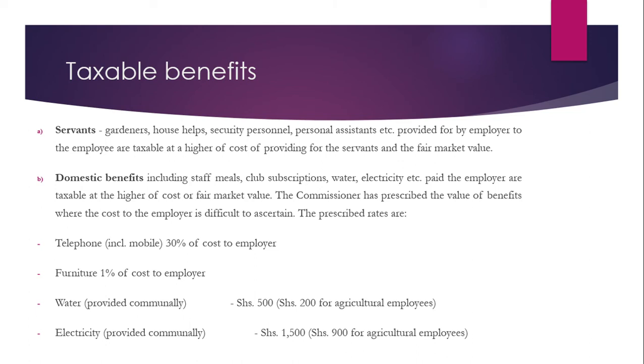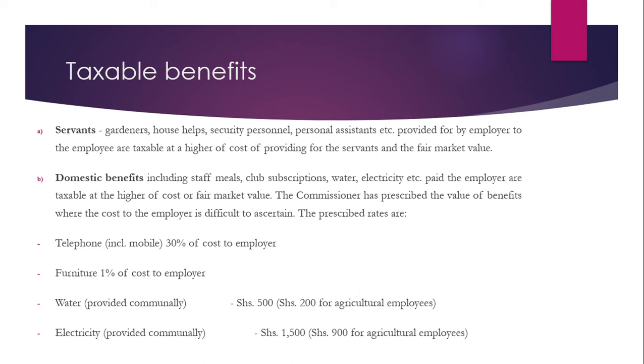Domestic benefits, including staff meals, club subscription, water, electricity, etc., paid by the employer are taxable at the higher of cost or fair market value. The Commission has prescribed the value of benefit where the cost to the employer is difficult to ascertain. The prescribed rates are: telephone is 30% of cost to employer.